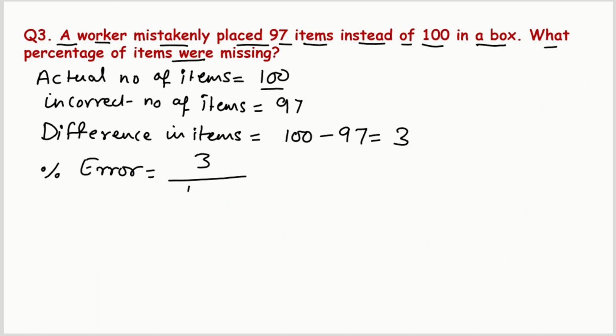The actual number is 100. Though 97 is given first, it is not the actual number. It is the mistakenly placed number of items. The actual number is 100, so I will write 100 in the denominator, times 100%. Now this 100 and 100 will be cancelled. So the error is 3% in the counting or placing of the items.